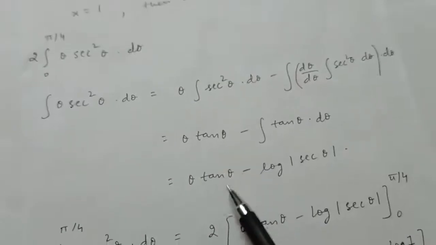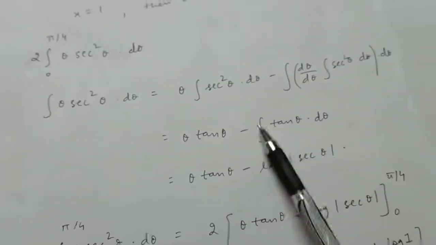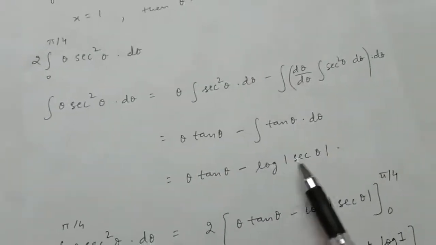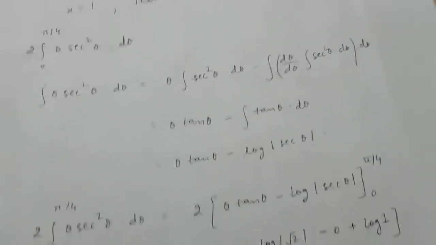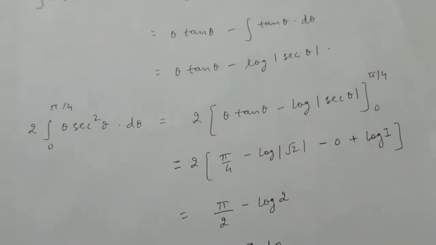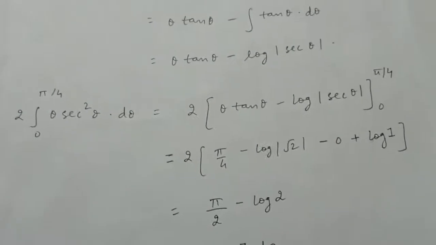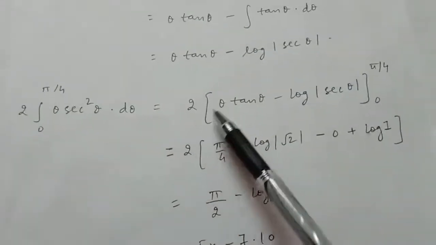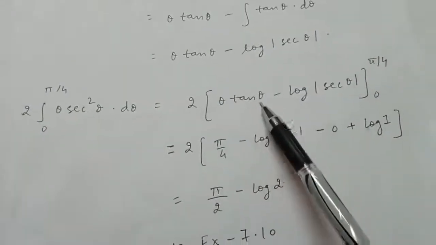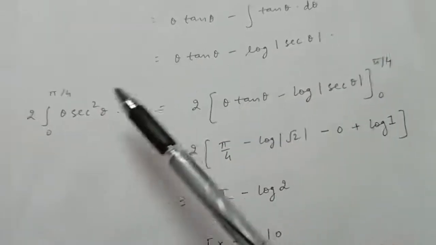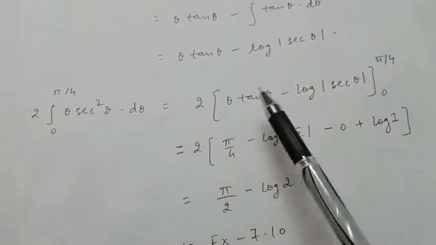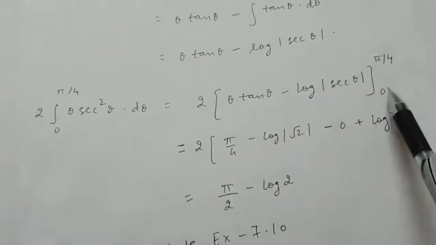Now this term as it is, minus the integral of tan theta, which is log of secant theta, right? So the definite integral will now become equal to 2 into this term as it is, because this is the integral value of theta into secant square theta. This as it is, and the limits are from 0 to pi by 4.